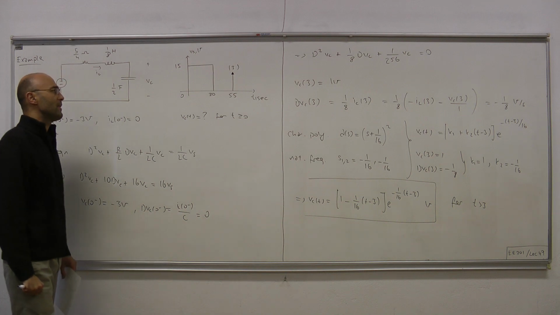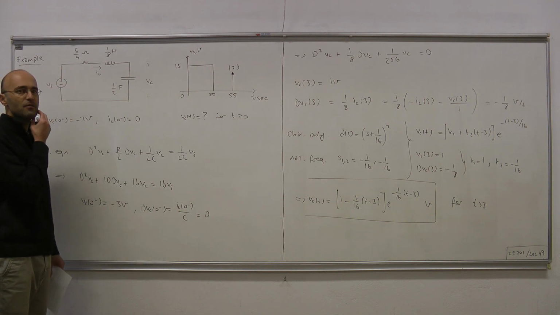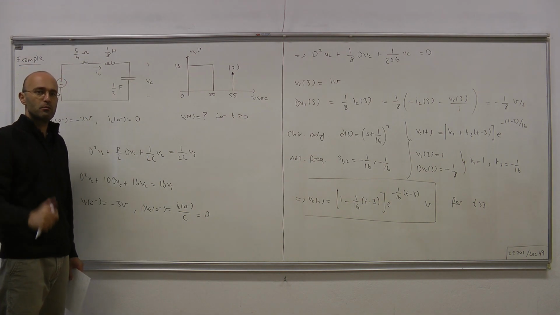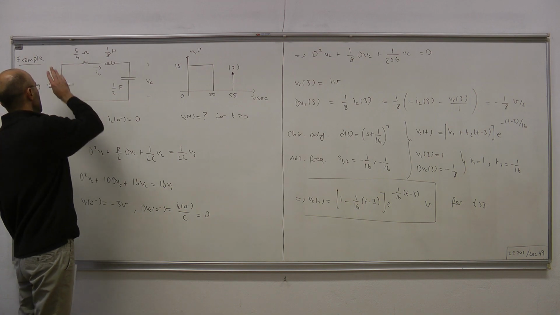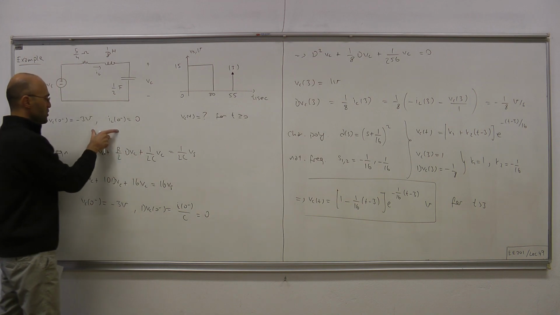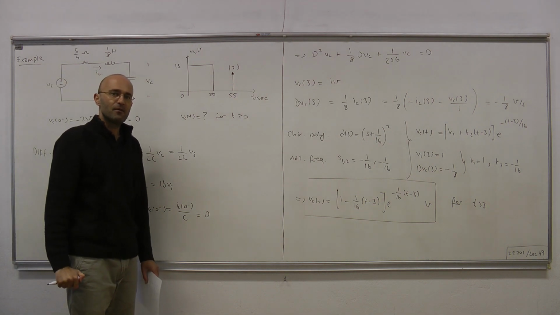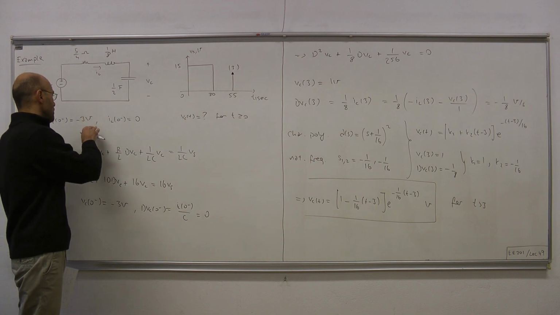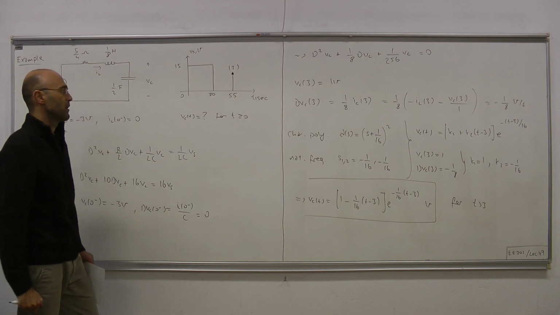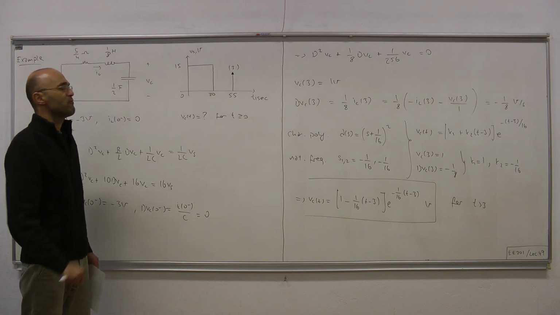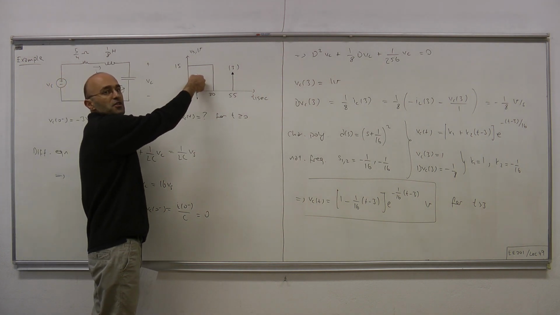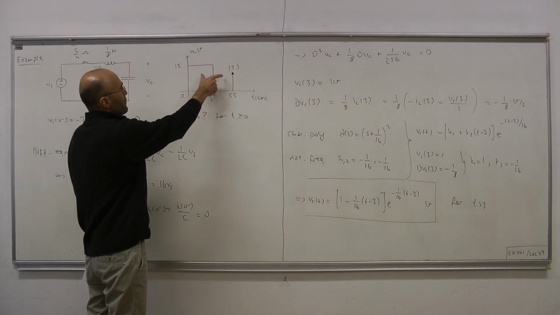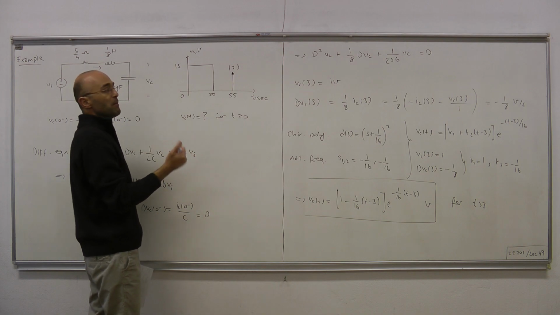Another way is that we can use superposition because the circuit is LTI. Superposition of zero state response and zero input response. First, you can kill the source, and for these initial conditions, you figure out VC(t). Put it in your pocket. That's your zero input response. Then you set all the initial conditions to 0 because now we're going to figure out the zero state response for this waveform. One way to do that is to figure out the step response.